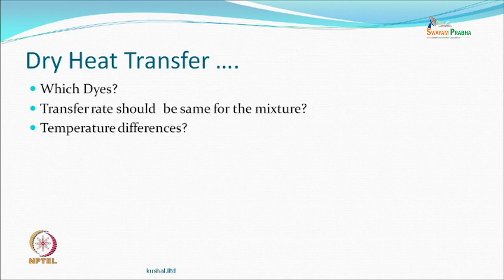That also must be checked. So one is transfer rate, the other is that the temperature at which the maximum rate is obtained should also be approximately the same, because you invariably would not be varying the temperature during the transfer. You will use one particular temperature, could be 180 degrees or 200 degrees centigrade. Therefore, the dyes must be compatible in that manner.